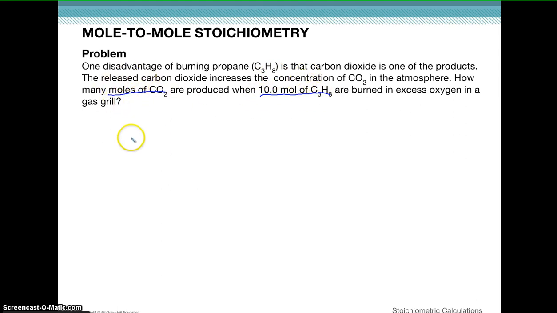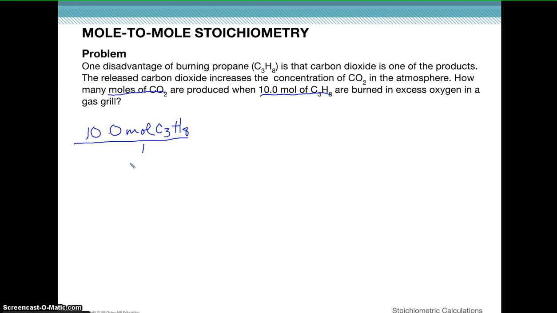So we always start with what we're given, 10.0 moles of C3H8. Okay, now we already have this balanced equation, so you'll need to refer back to it. You might want to rewrite it again when you're working the problem.